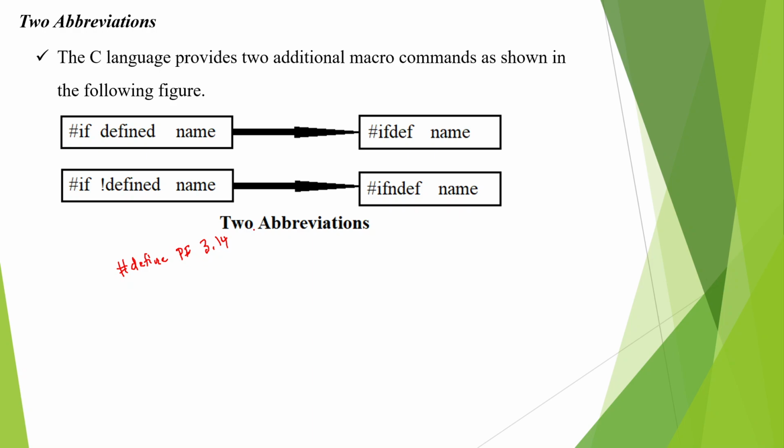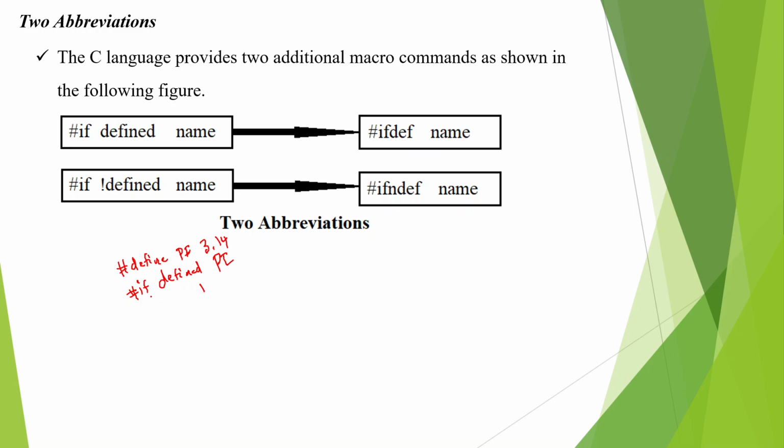I have already defined it. So when I write if defined pi, as pi is already defined, it will return 1. So it will be considered a true case.